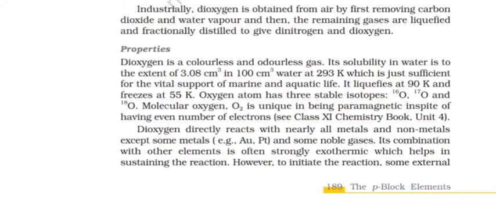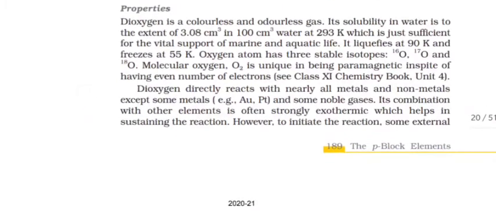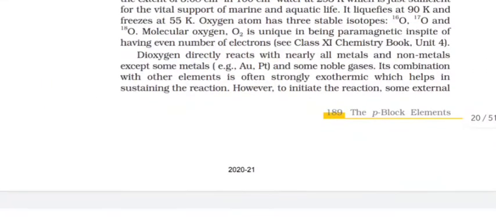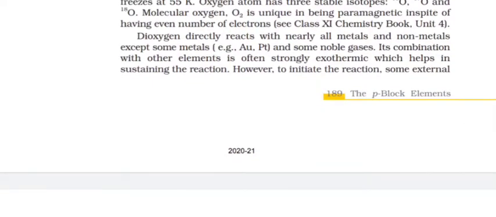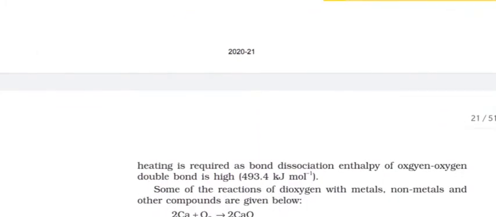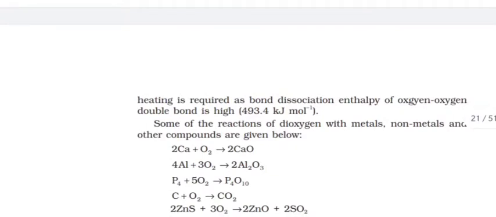Dioxygen directly reacts with nearly all metals and non-metals except some metals and some noble gases. Its combination with other elements is often strongly exothermic, which helps in sustaining the reaction. However, to initiate the reaction, some external heating is required, as bond dissociation enthalpy of oxygen-oxygen double bond is high.